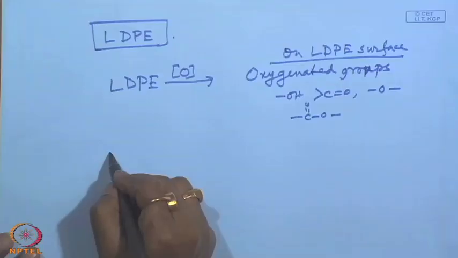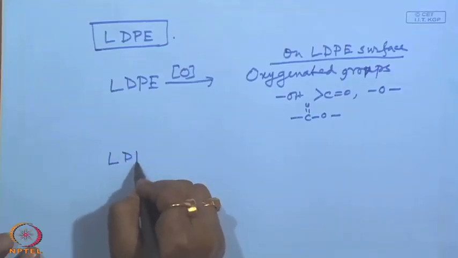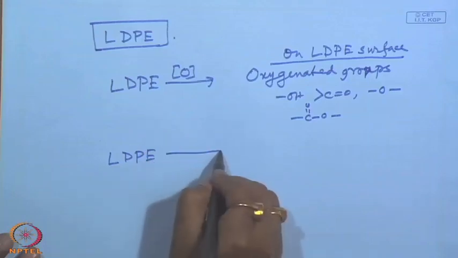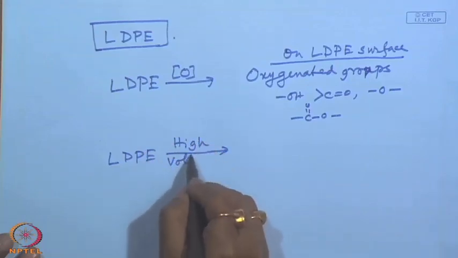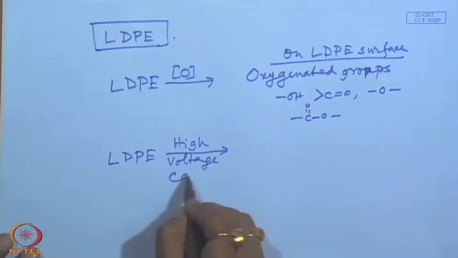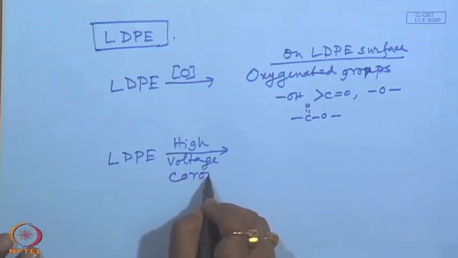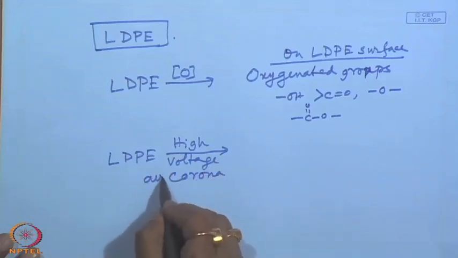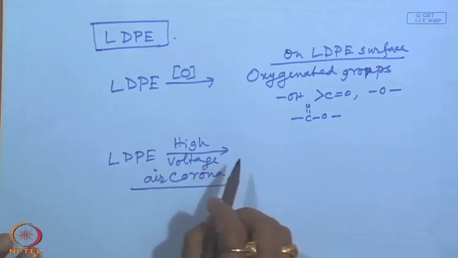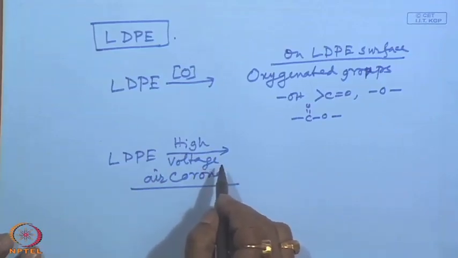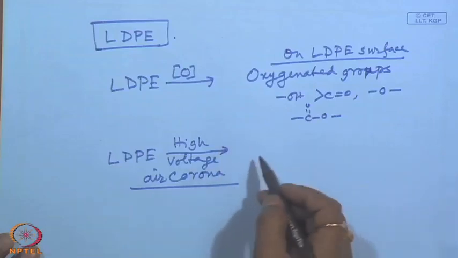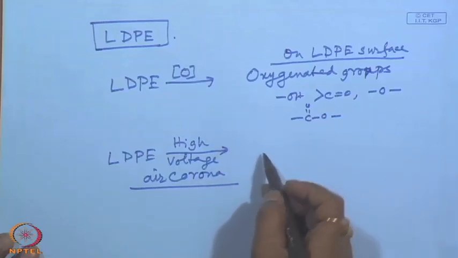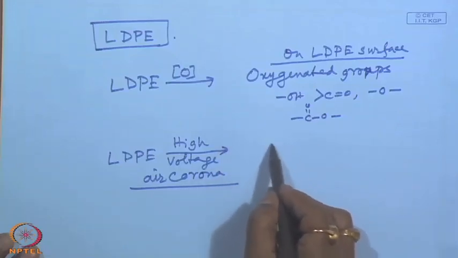So, if this LDPE is exposed to high voltage corona, say air corona, that air contains oxygen, and highly active oxygenated species will impinge on the LDPE surface, and this LDPE surface will be oxidized.